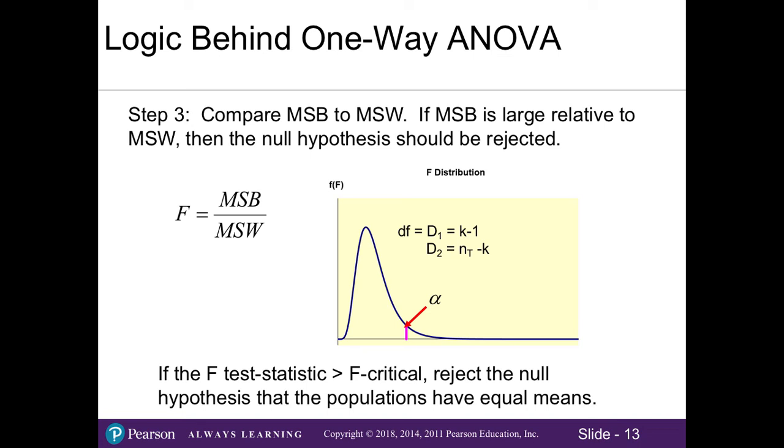So now we're adding one more, and it's called the F critical value. Critical values are just the cutoff points based on our alpha to decide when to reject the null. So here, for instance, would be our F critical value. And so if our F test statistic that we get by taking MSB divided by MSW is on this right side of our cutoff point, we will reject the null that the populations have equal means. In other words, our means are not equal.